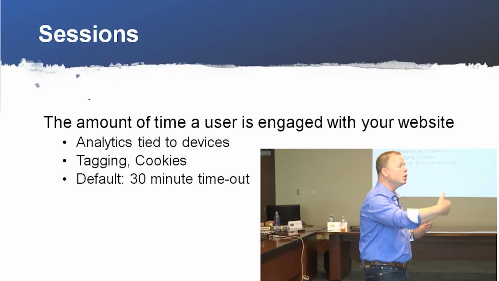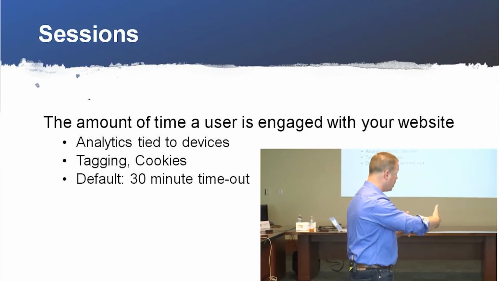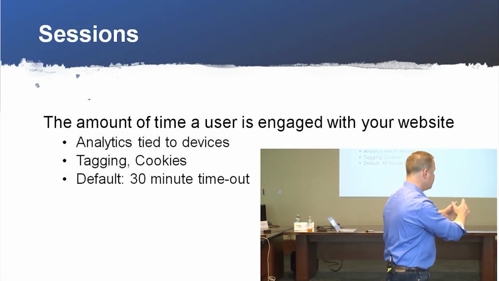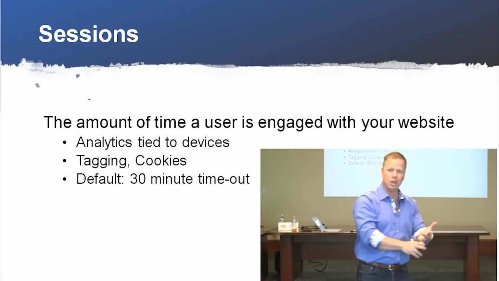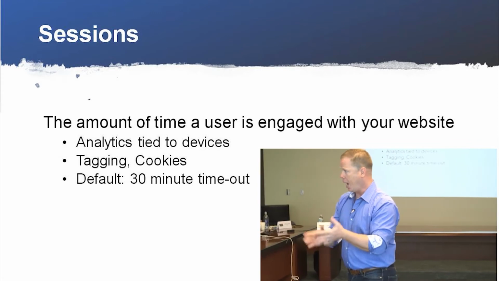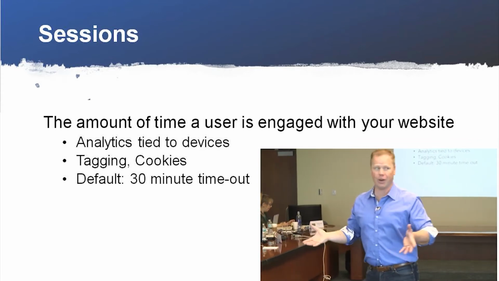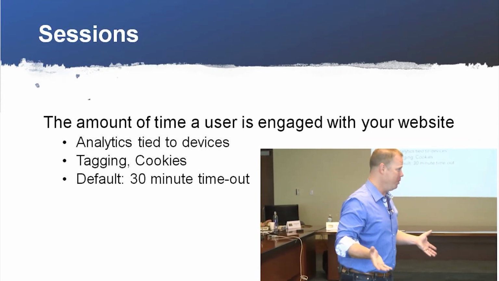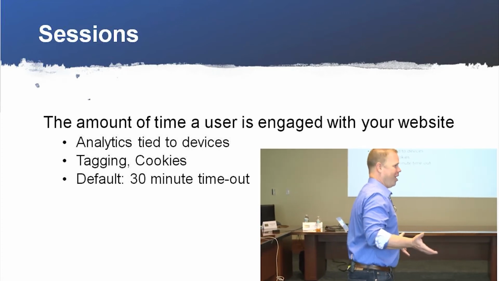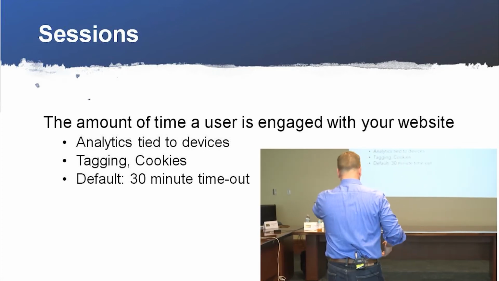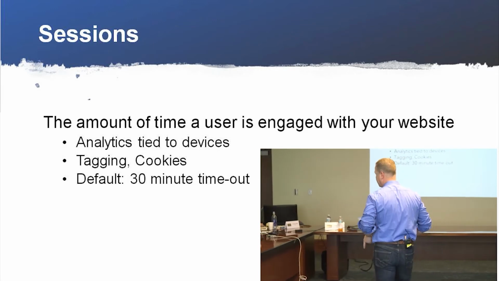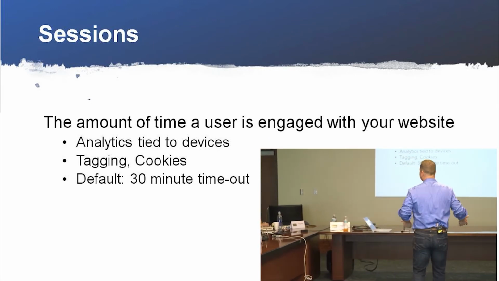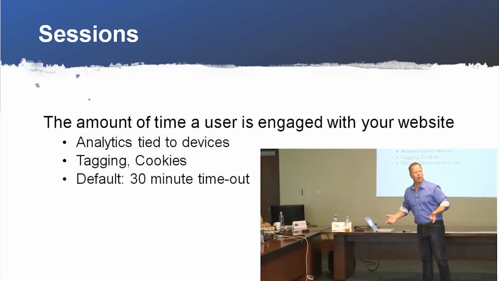And every time you click for another page on that website, everything's time-stamped. So that's how it knows that you visited 3 pages in 4 minutes. However, when you leave a website, there's no way we can track that. We don't know. And most analytics programs have a 30-minute timeout. So how do they know how long you were on the site?